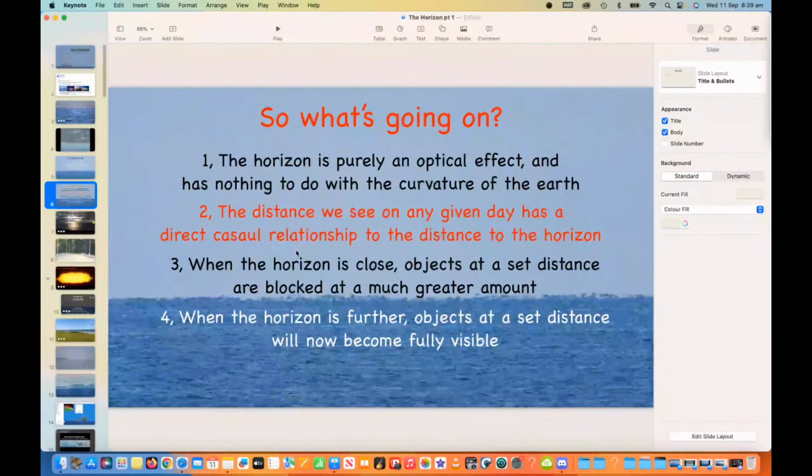The distance we see on any given day has a direct causal relationship to the distance to the horizon. When the horizon is close, objects at a set distance are blocked or hidden at a much greater rate. And when the horizon is further away, objects at a set distance can now become fully visible.